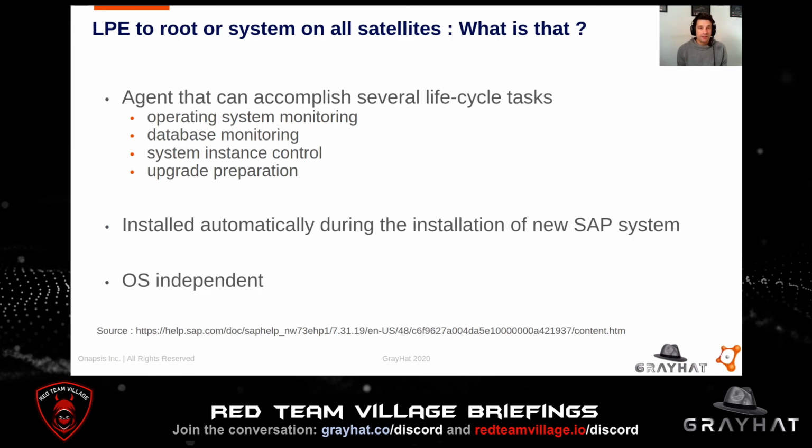It's present on every SAP installation, and it's here to help administrators to perform a lot of things, not only administration tasks like monitoring, start and stop the instances, etc., prepare for upgrade, prepare for installation, kernel upgrade, etc. So this is a very powerful agent, and again, this is OS and database independent.